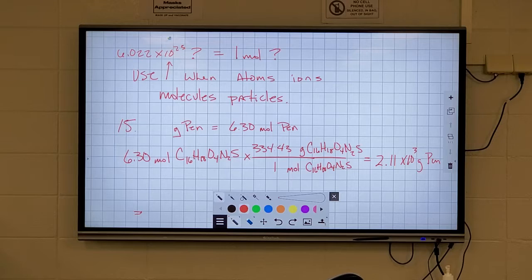Alex? So there was an OWL a while ago, and it had us do the conversions, but on the bottom there was also a mole part. I didn't know how to do it, so I searched it up, and I got these formulas for that, but without all the work. So if you're looking for moles, mole is equivalent to grams over the mass, and then grams is equivalent to moles times the mass.